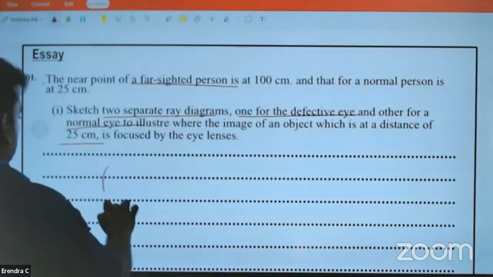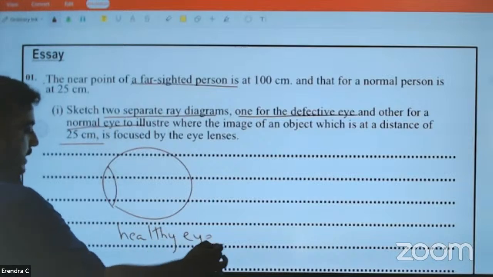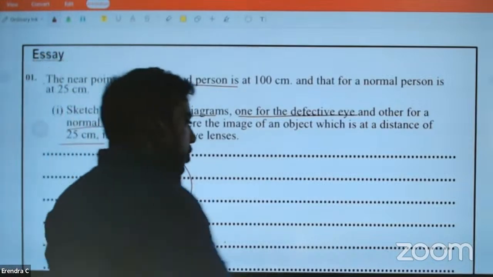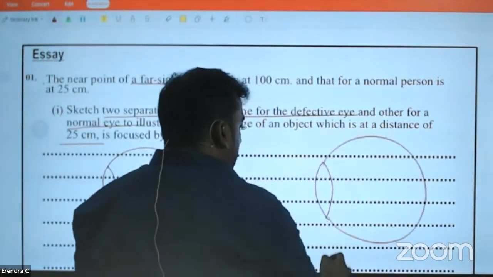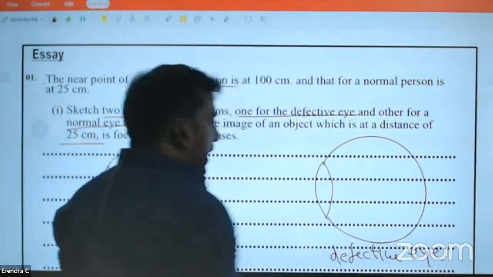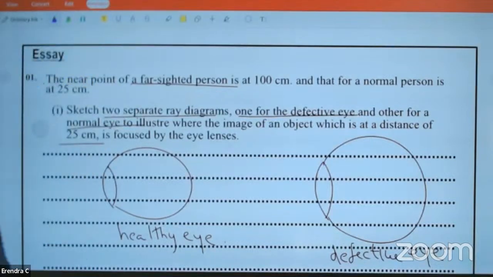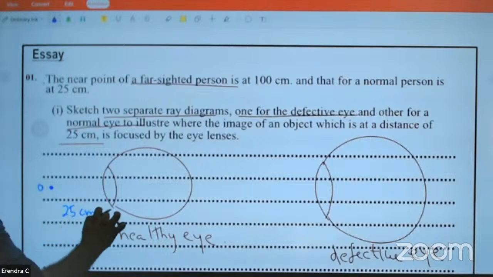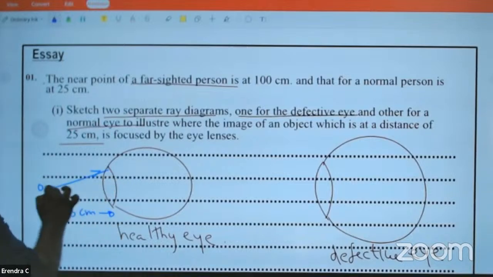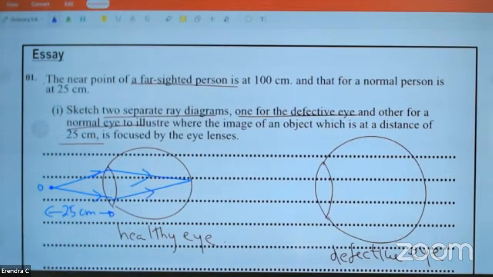Here I'm drawing healthy eye. Here I'm drawing defective eye. Here we can draw the ray diagrams. Light rays come from 25 centimeters and will converge on the retina in the healthy eye.